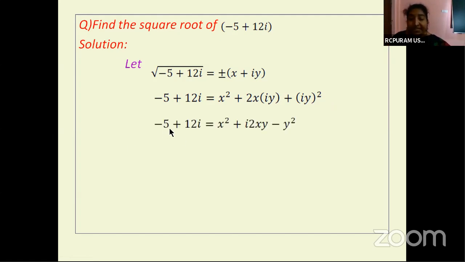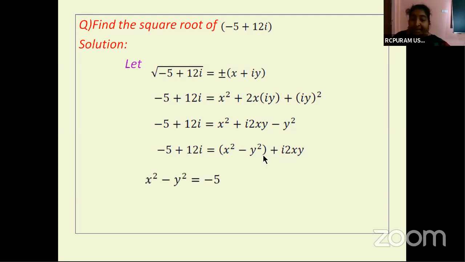We'll have it as minus 5 plus 12i is equal to x square plus i into 2xy minus i square. Why this minus? Because of this i square, isn't it? i square is minus 1. So plus into that minus gives you minus y square. We'll rearrange this. Minus 5 plus 12i is equal to x square minus y square plus i into 2xy.